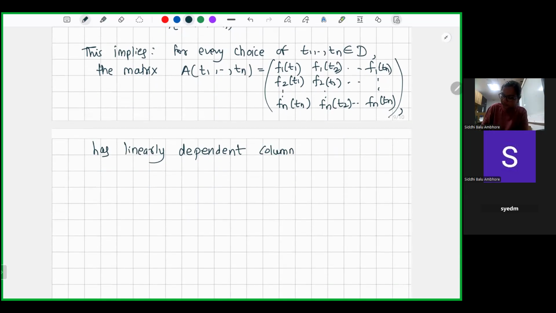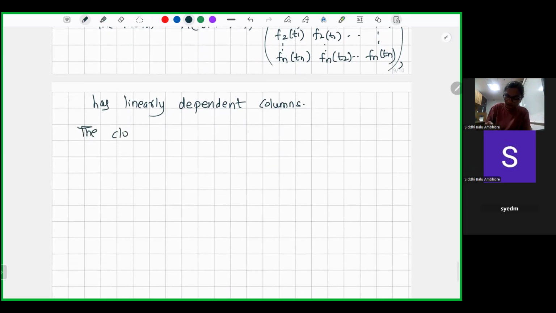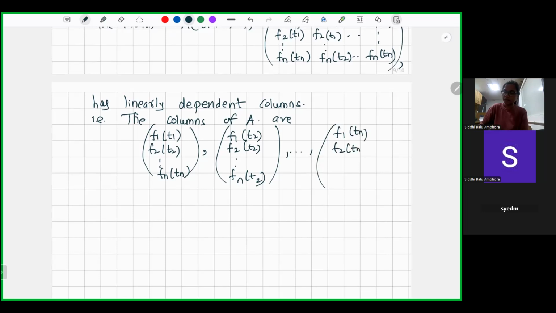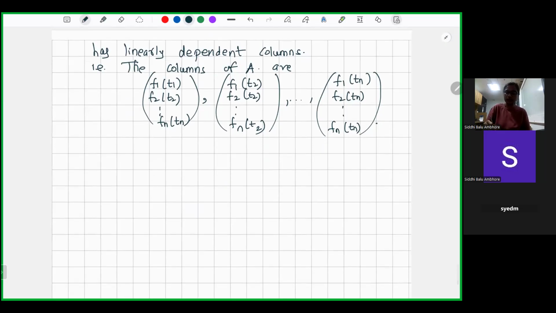So the columns of A are f1(t1), f2(t1), ..., fn(t1); then f1(t2), f2(t2), ..., fn(t2); and so on until the final column f1(tn), f2(tn), ..., fn(tn). These columns are linearly dependent.